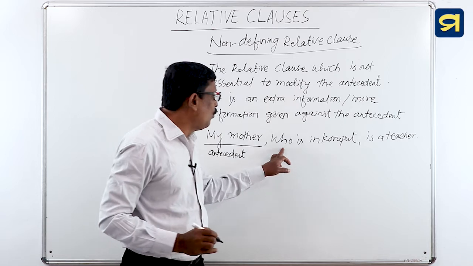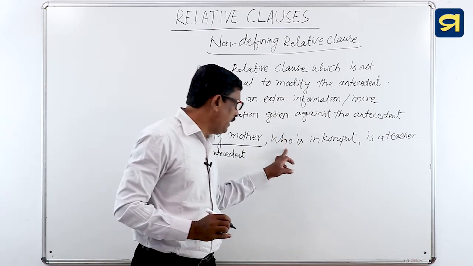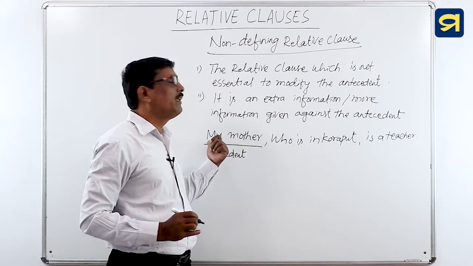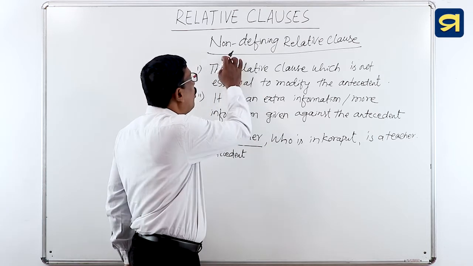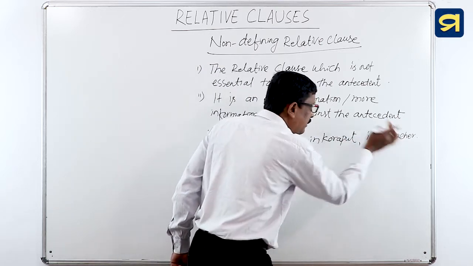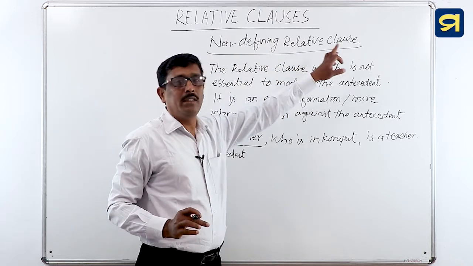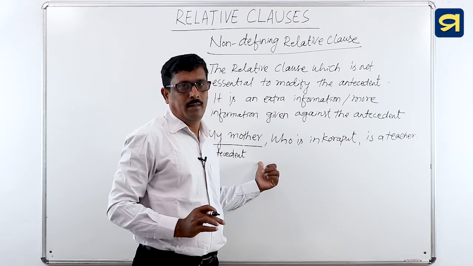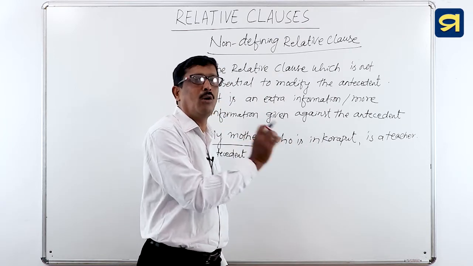And here, who is in Koraput is the relative clause. But the relative clause is not essential to modify the antecedent my mother. So it is called non-defining relative clause. And my mother is a teacher is the main clause. When a non-defining relative clause is given in the middle, a comma is given before and after. And if it is used at the end of the sentence, only a comma before it is given.